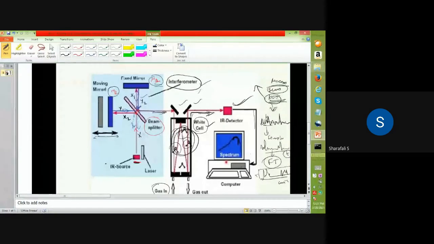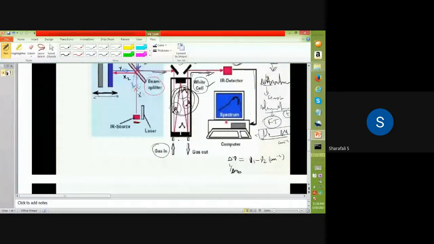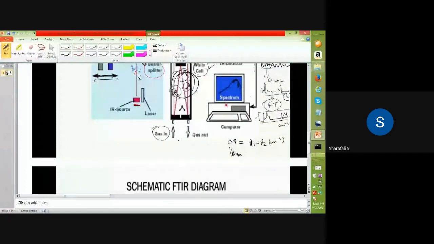You can look into the Fourier transformation from frequency to time and time to frequency. There are two equations for that.